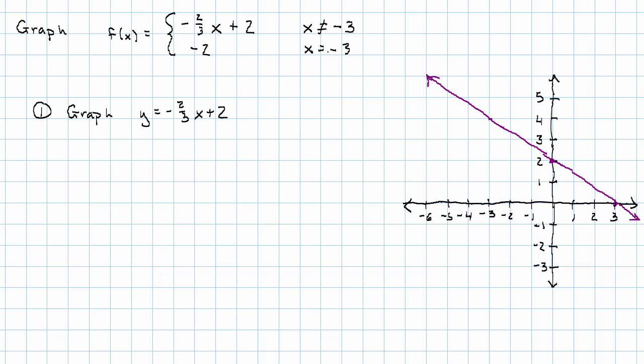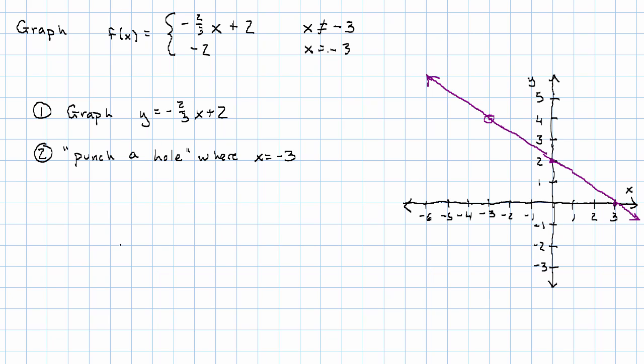Our next step is to punch a hole in the graph, so draw an open circle at the point on the graph where x equals negative 3. So here's x equals negative 3. I find that point on the line where x is negative 3, and I put an open circle there.